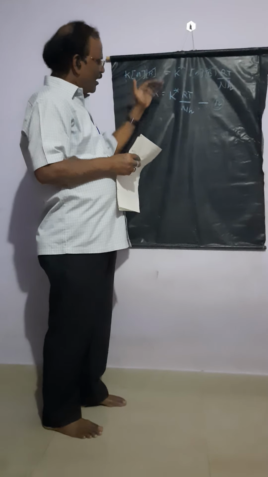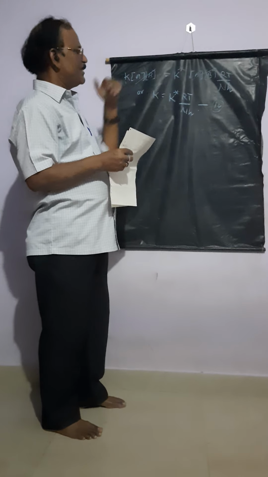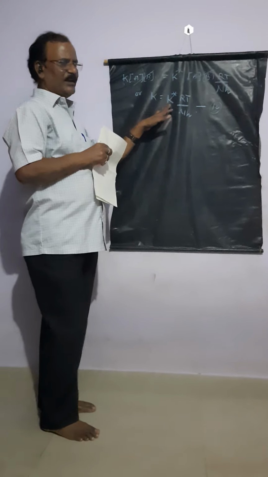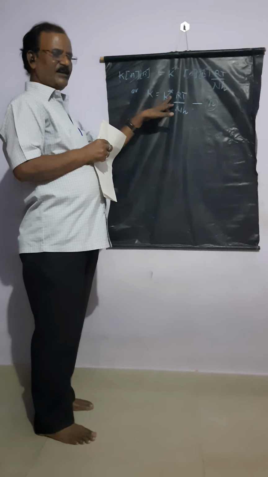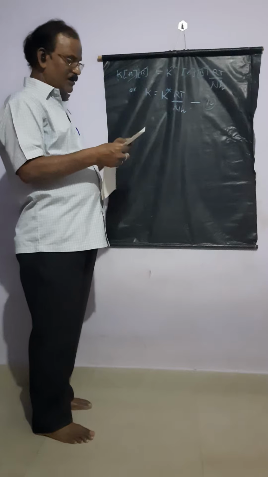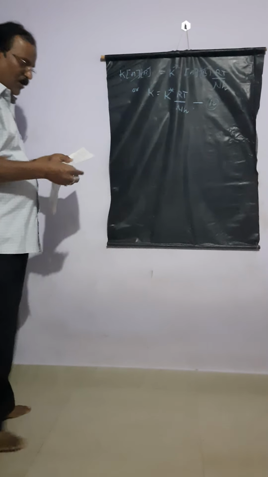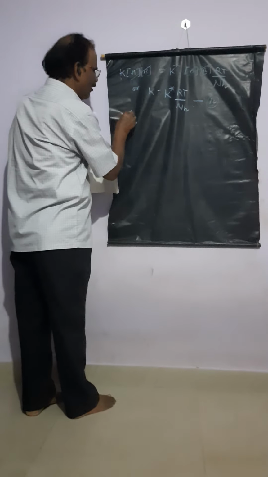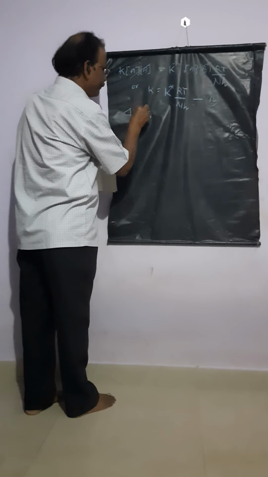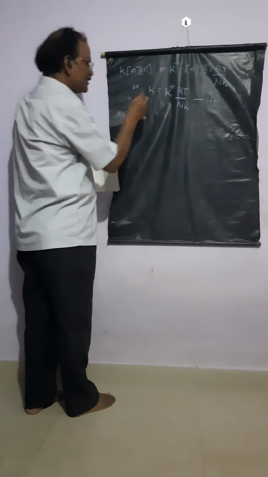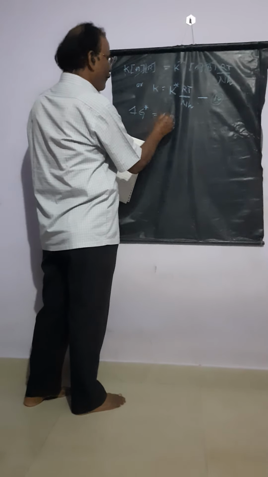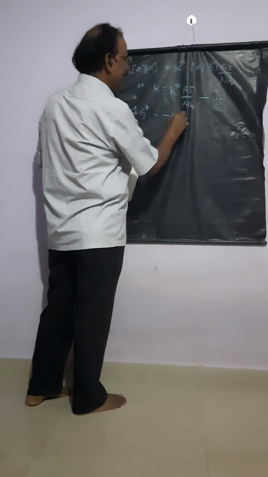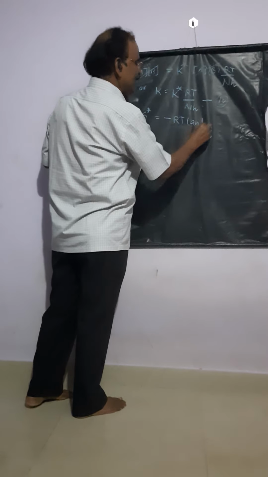And also I am extending this expression by taking the thermodynamic relation for K star, the equilibrium constant. Now according to thermodynamics, delta G star, the change in Gibbs free energy, is equal to minus RT ln K star.